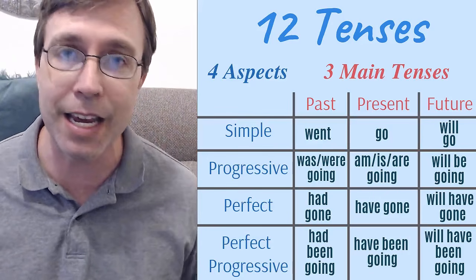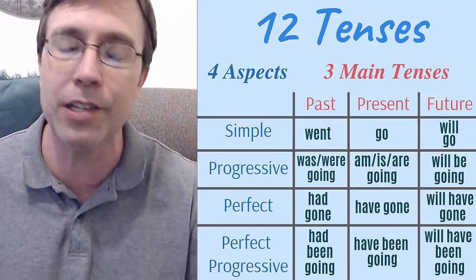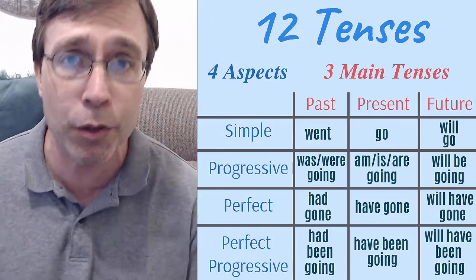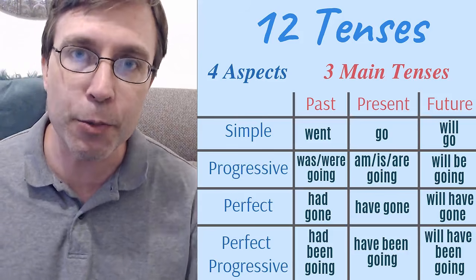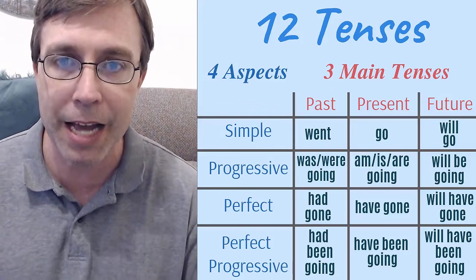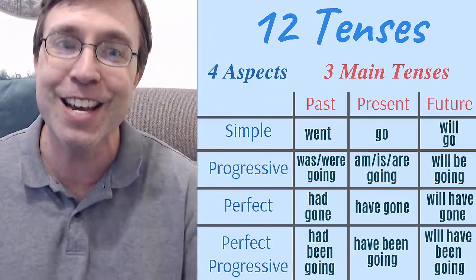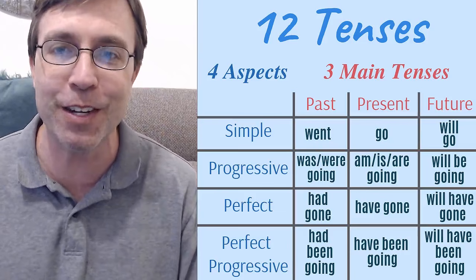They mean the same thing, whether you want to say the progressive tense or continuous, either one is okay. So we have those 4 aspects. And then the 3 main tenses, which I think everyone is familiar with: the past, the present, and the future. And when we multiply 4 times 3, we get 12. We get 12 different verb tenses.